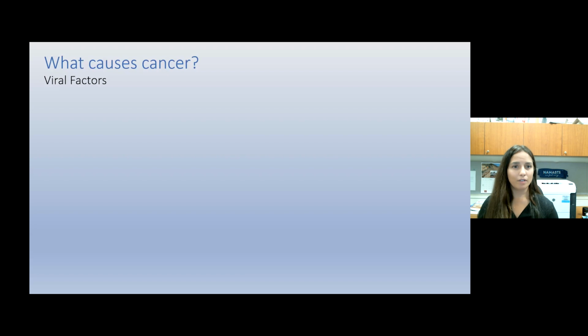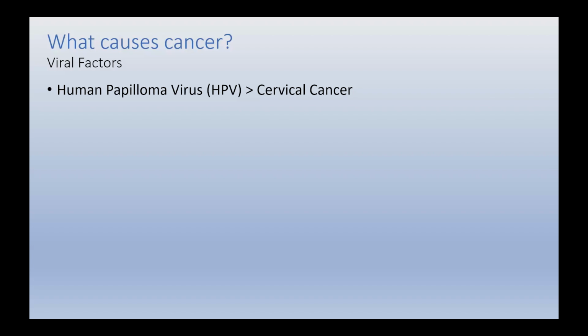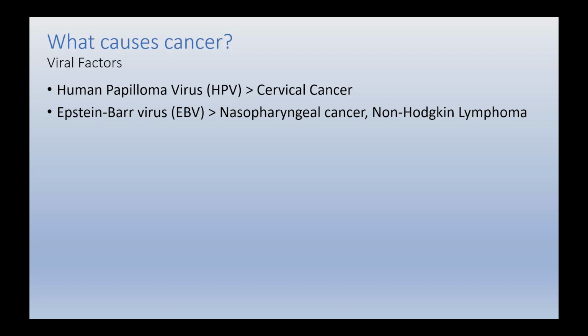Other types of factors that cause cancer include viral factors, which are also really interesting to study. For example, human papillomavirus is known to cause cervical cancer. Now we have a vaccine available to prevent human papillomavirus and therefore prevent cervical cancer. Epstein-Barr virus, or EBV, is known to cause nasopharyngeal cancer and is associated with many non-Hodgkin lymphomas.